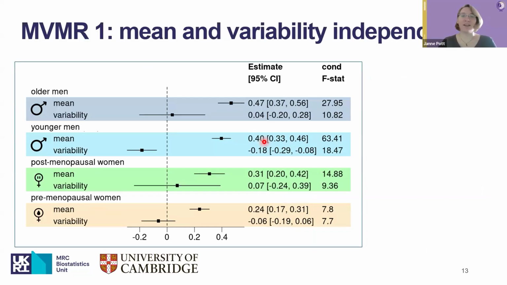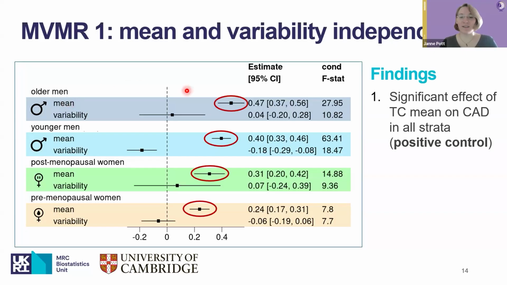So now I tested whether we can actually use them in the MVMR context. And this is the MVMR per strata. So I tested, in elderly men, the mean level of cholesterol and the variability of cholesterol on the risk of coronary artery disease, and so on for each strata.